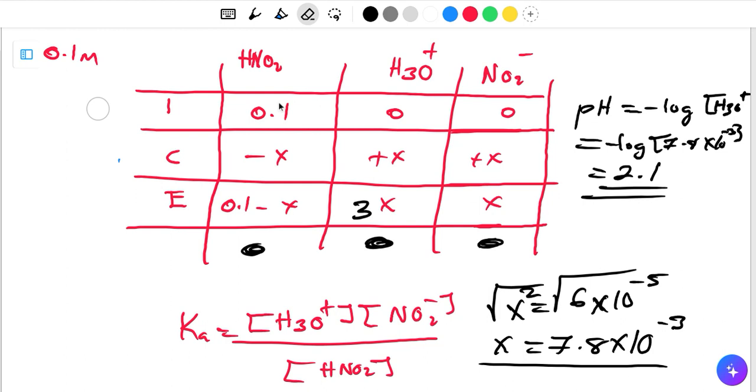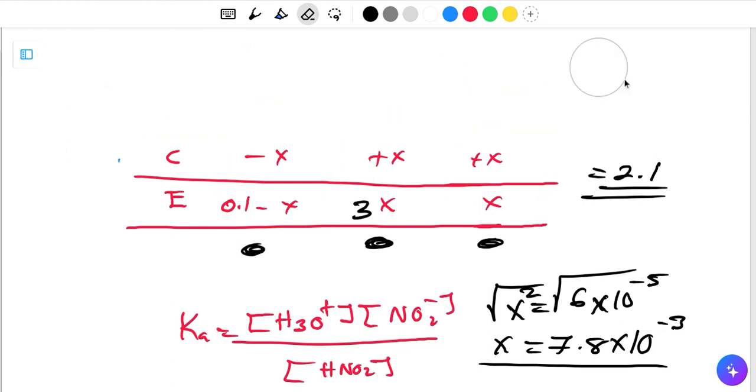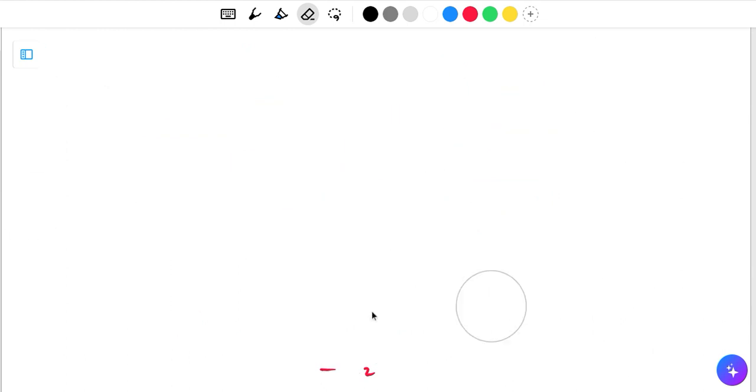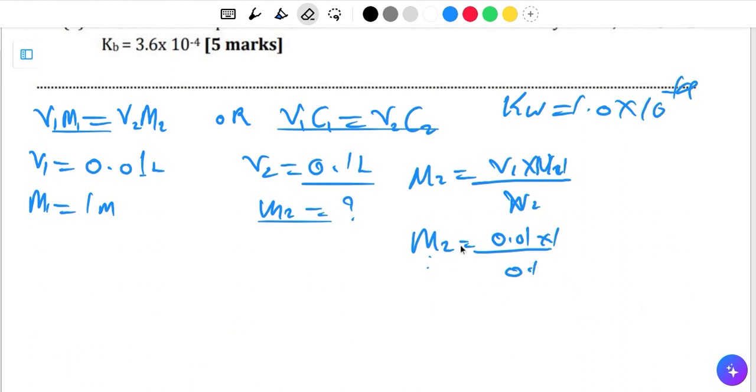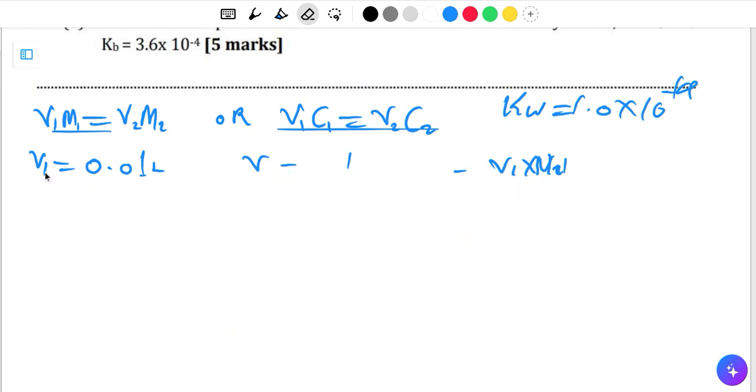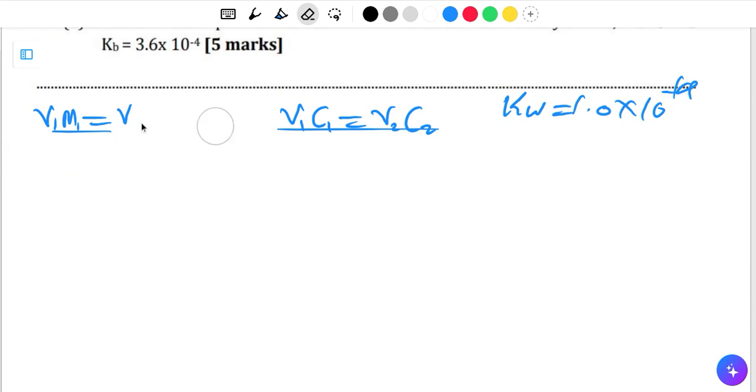Now, let's answer the last question. I think it's the last one. But one thing that you need to know here is that sometimes in the question they can talk about an acid, but they are going to give you the value of Kb. So Kb focuses on the bases.